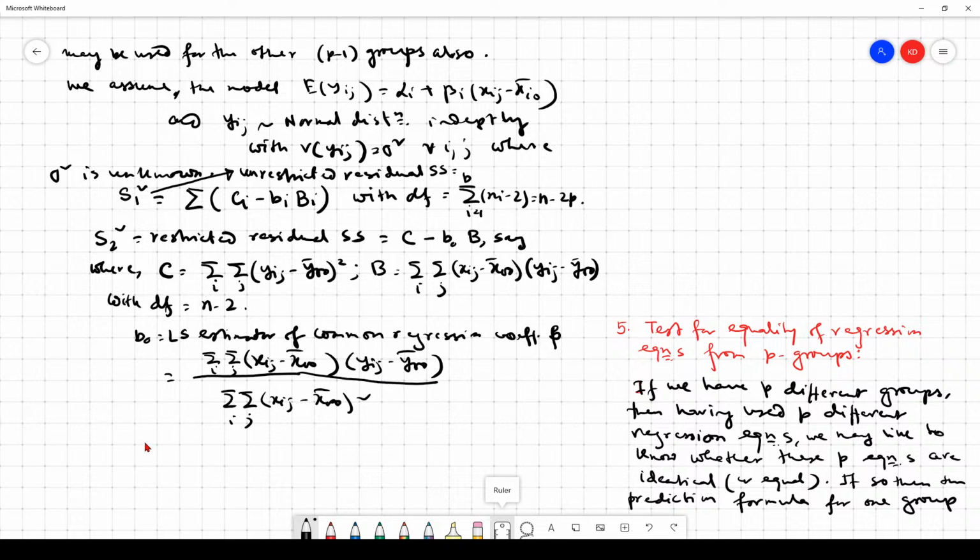And in a similar way you define the ratio. This is equal to S2 square minus S1 square by S1 square. The degrees of freedom of S2 square minus S1 square is 2 into P minus 1, and this is equal to N minus 2P.